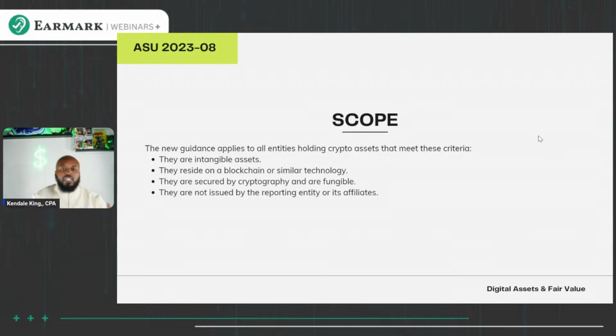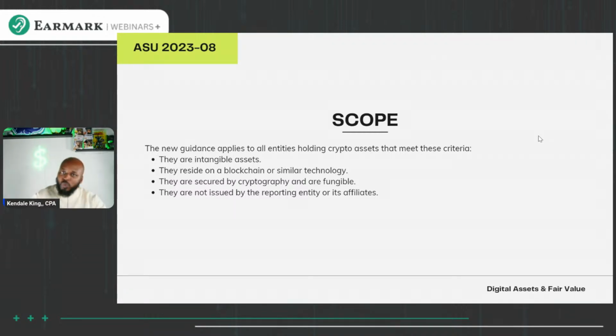So again, back to the scope. They definitely settled on that this guidance only applies to entities holding crypto assets that meet these criteria. They are intangible assets, like we mentioned, they reside on a blockchain or similar technology, they are secured by cryptography and are fungible tokens, and they are not issued by the reporting entity or its affiliates.